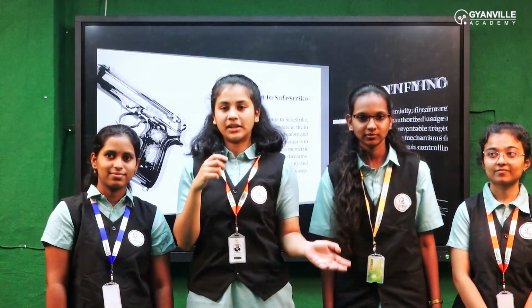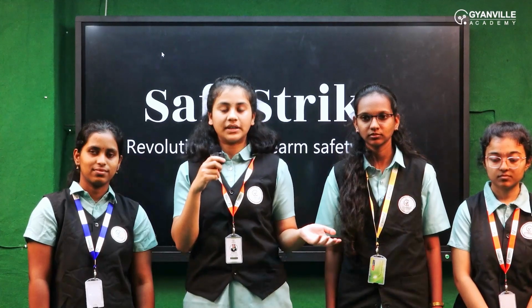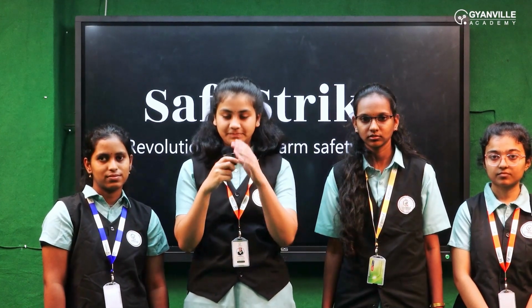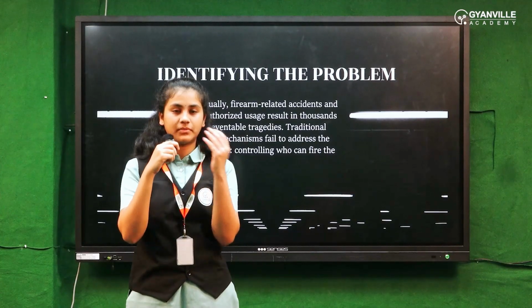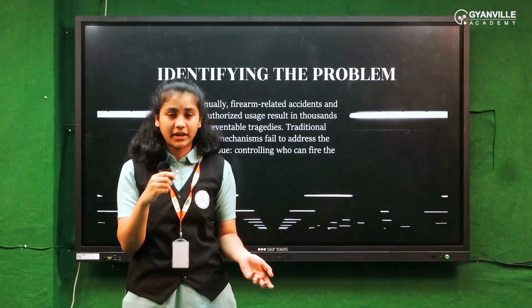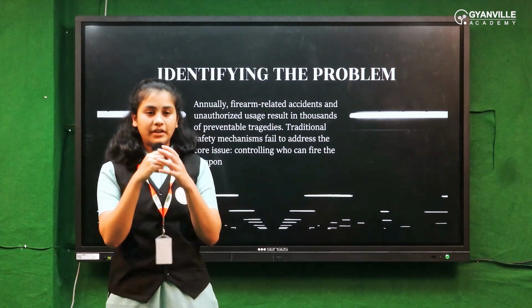So here we are welcoming SafeStrike, a groundbreaking solution for the critical issue of firearm safety. Coming to the problem, annually many people are dying due to misshootings or unauthorized firearm usage.